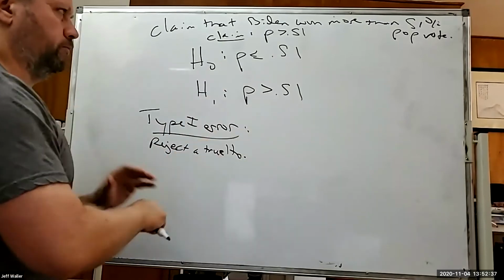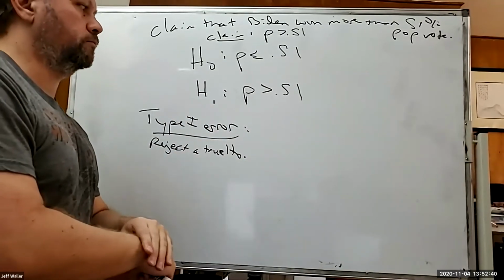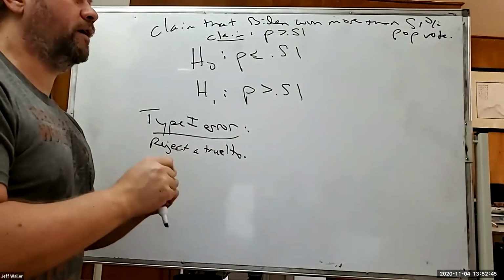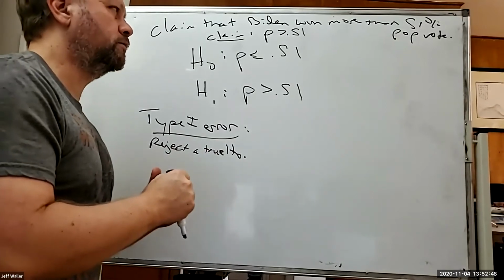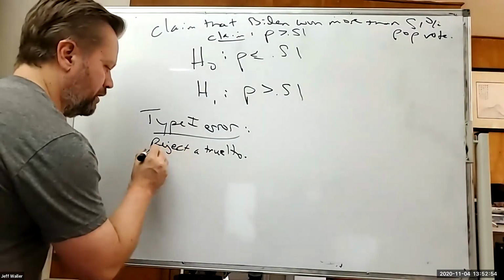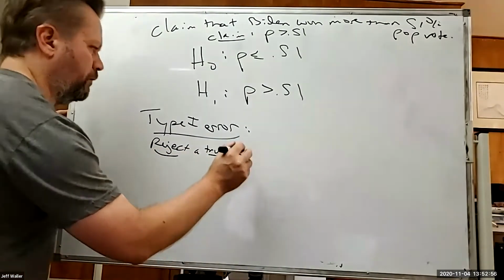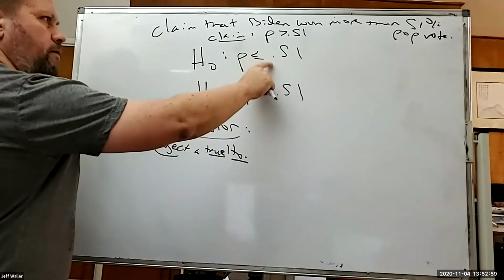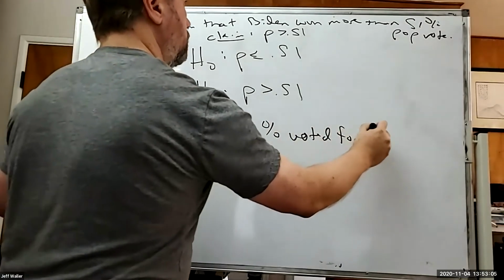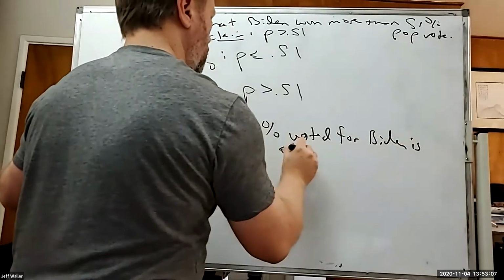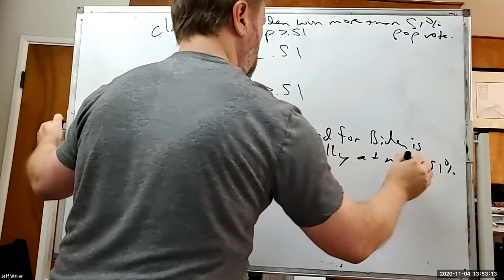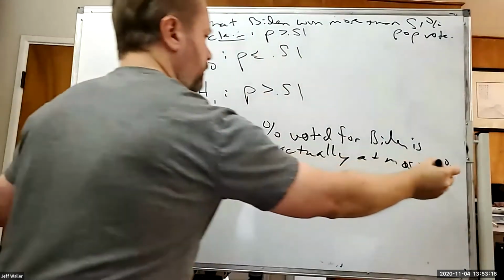So what is true? That it's not 51? Well, not that it's not 51. That's not right. Be careful. Less than 51. Or equal to. So reject a true null. So what is the actuality is this. The percentage that voted for Biden is actually at most 51%. But we think it's greater.